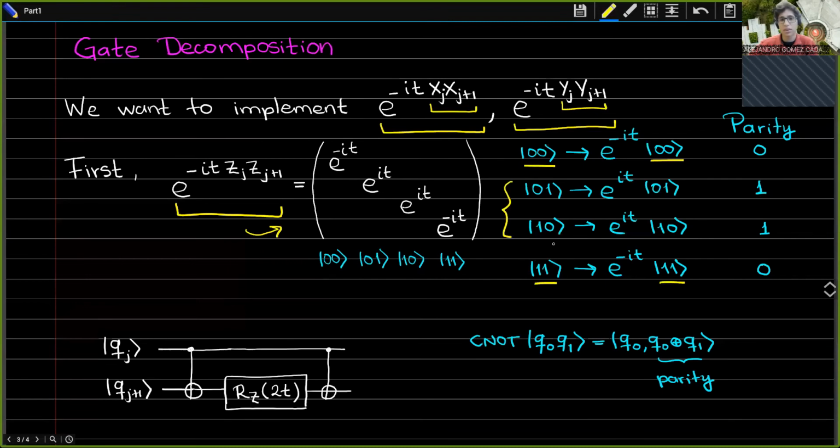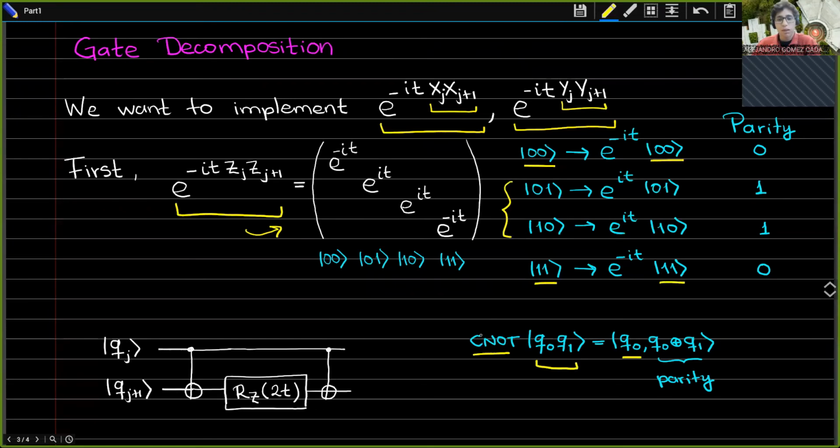And the way we can get information about the parity is by applying a CNOT gate. So if we apply a CNOT gate on a 2-qubit state, then the control state is the same, but the target state is converted into the parity state, or it's going to store the parity of the bit string.